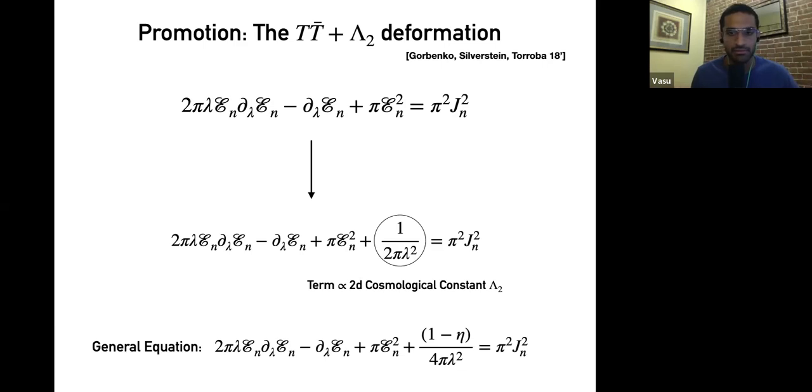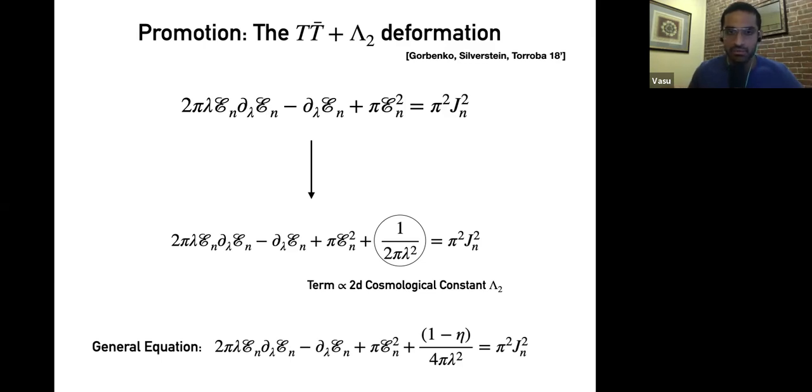Now what we have is a situation where we either turn on this cosmological constant or not. And it's convenient to consider the superset of both of these deformations in terms of this general equation. I've introduced this parameter eta. So if eta is 1, then there's no additional term, and it's the original TTbar deformation. If eta is -1, then I do have this additional term, and that's the TTbar plus lambda 2 deformation. Why I include it is because the boundary conditions for the differential equation that I've written above aren't set at lambda equals 0, because naively that would just diverge.